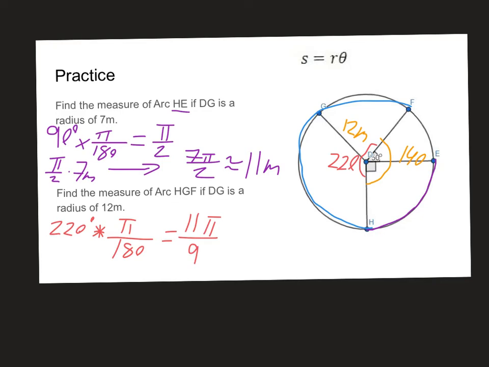We're then going to take that 11 pi over 9 and multiply that by our radius of 12 meters, which will give us 132 pi over 9. Or if we want to simplify or approximate that, it would give us approximately 46 meters.